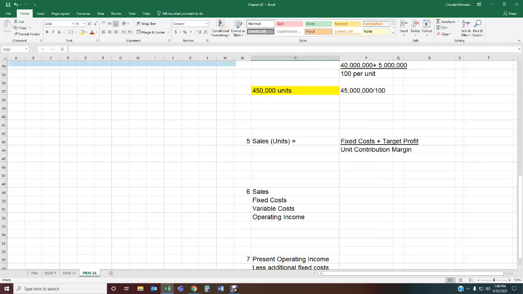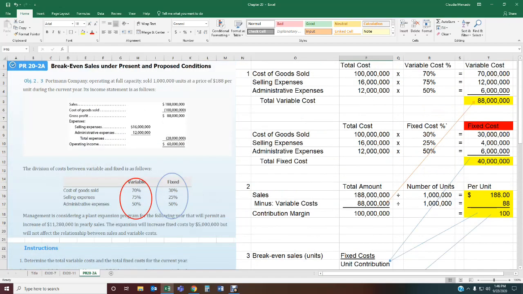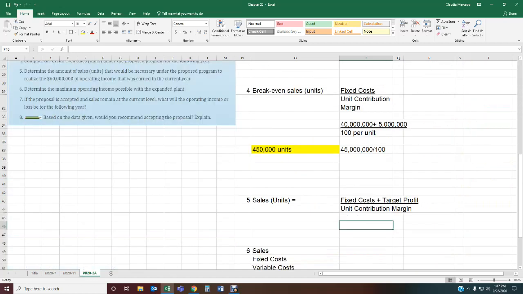So we're going to get our fixed cost plus our target profit divided by our unit contribution margin to get our sales units. So we're going to start off with our fixed cost. Our fixed cost, we had calculated them to be $40 million.